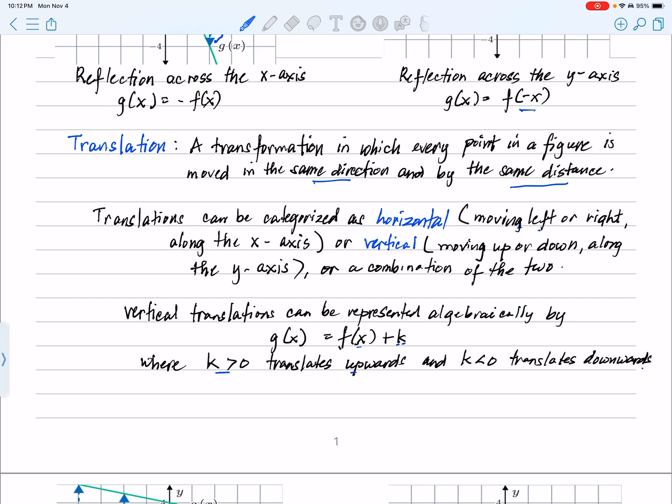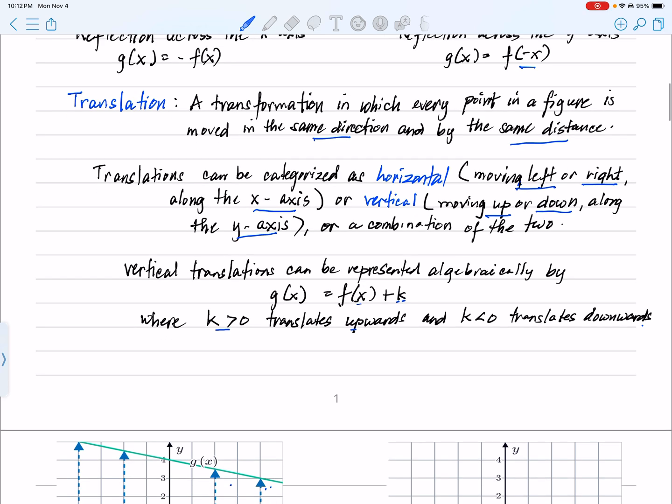When can you say it's horizontal? If it is moving left or right along the x-axis. Vertical is moving up or down along the y-axis, or a combination of the two translations. We're going to have that later on.